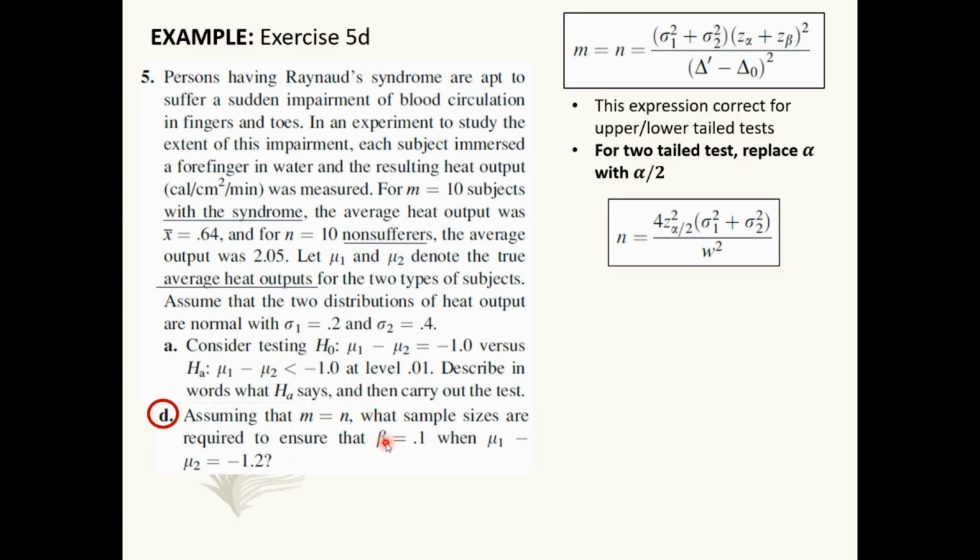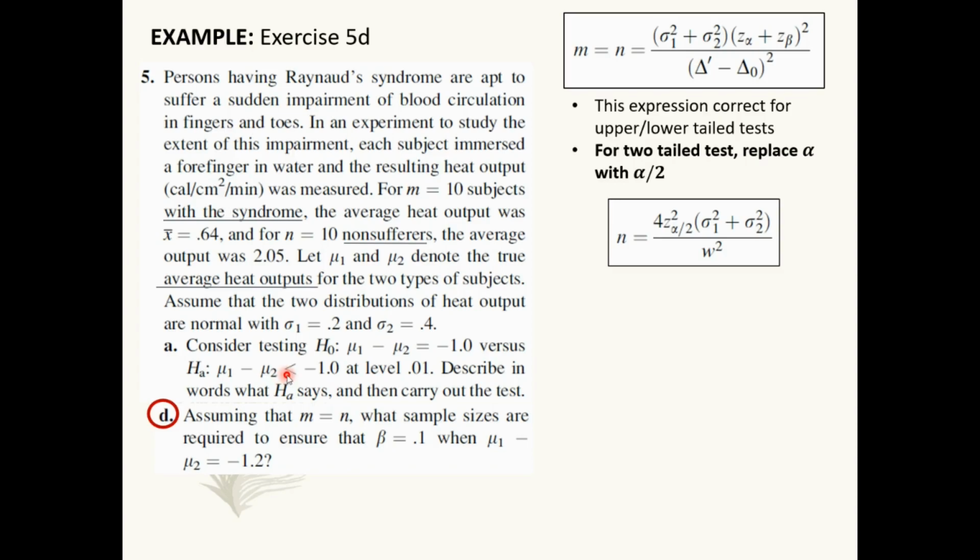So you can see it's a scenario where we're given beta, we're given alpha, we have delta 0 and delta prime. So it's going to correspond with this formula rather than this one where you need the width. There's no width for a confidence interval mentioned here at all. So you're going to need to make sure you use this formula.